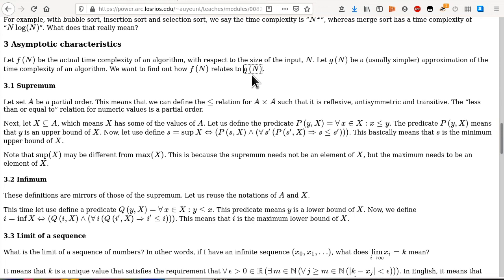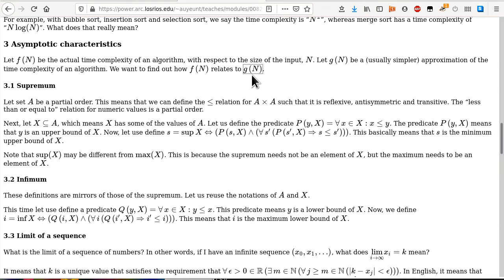Just remember, f of n is the exact amount of time, which sometimes is very tedious and difficult to find, and g is a very simple function, like n squared, or n log n. And we want to find out how f of n relates to g of n.